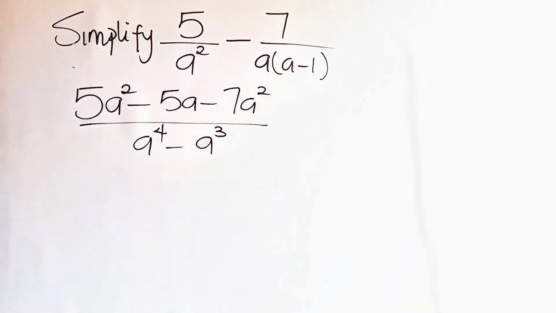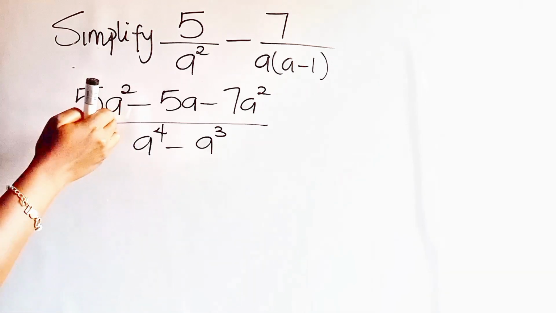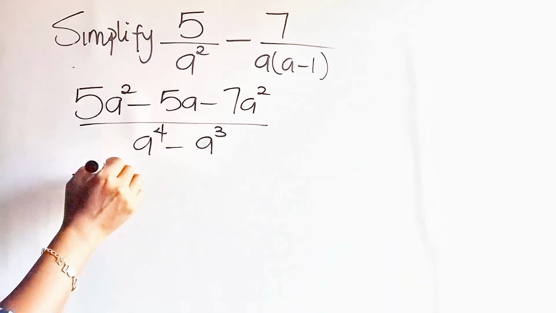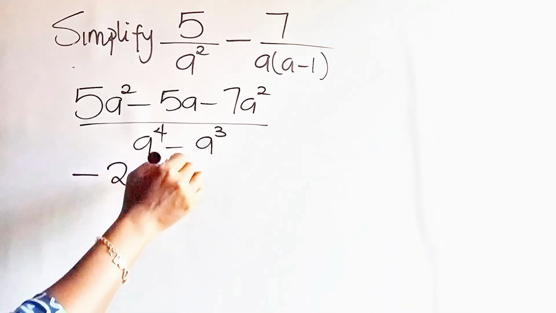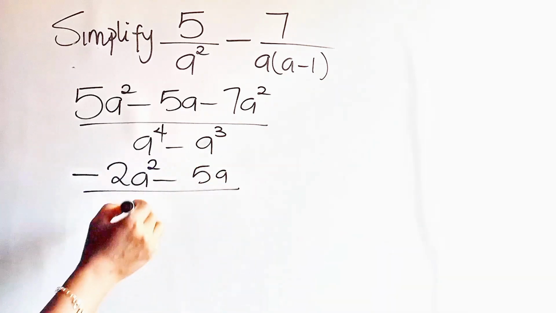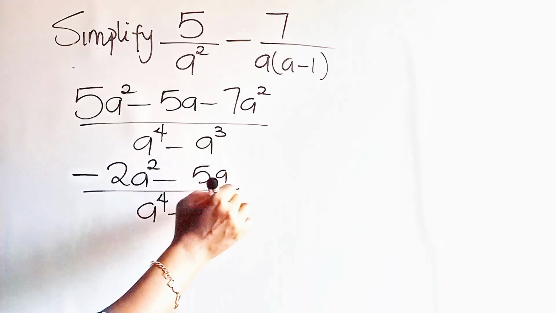Now, let's group the like terms together at the numerator. We have 5a squared and 7a squared. So 5a squared minus 7a squared would give minus 2a squared minus 5a, all over a raised to the power of 4 minus a raised to the power of 3.